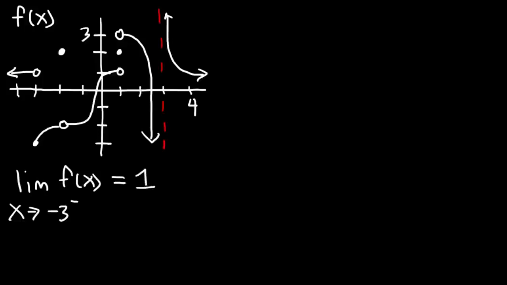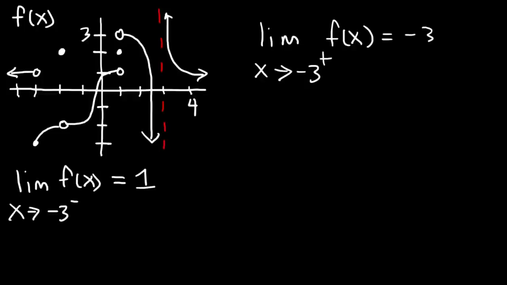Now what about from the right side? So you want to approach the vertical line at negative 3 from the right. So we got to follow this curve. So notice that the y value here is negative 3. So therefore, the limit as x approaches negative 3 from the right side, that's negative 3.